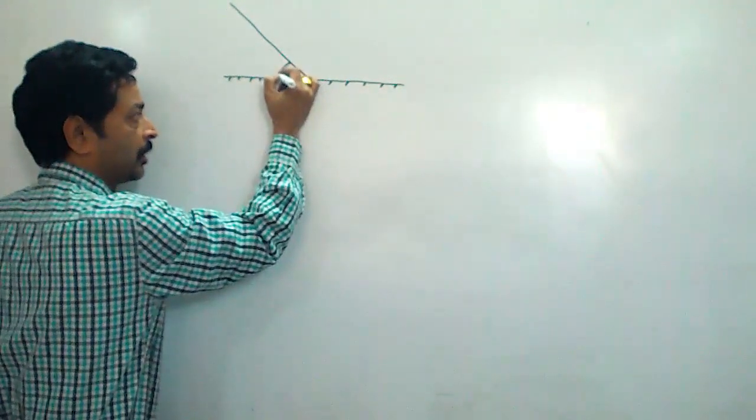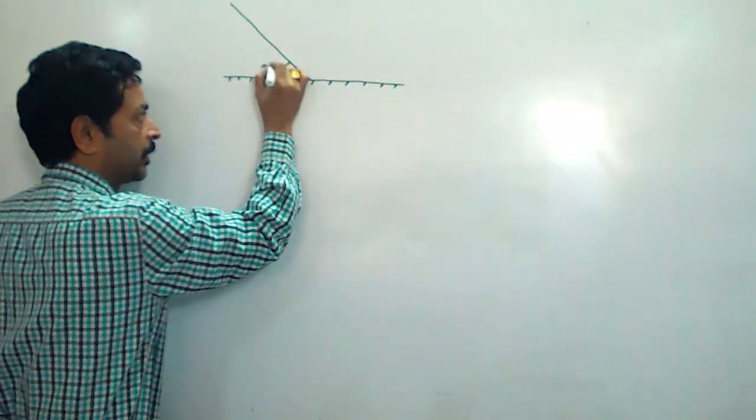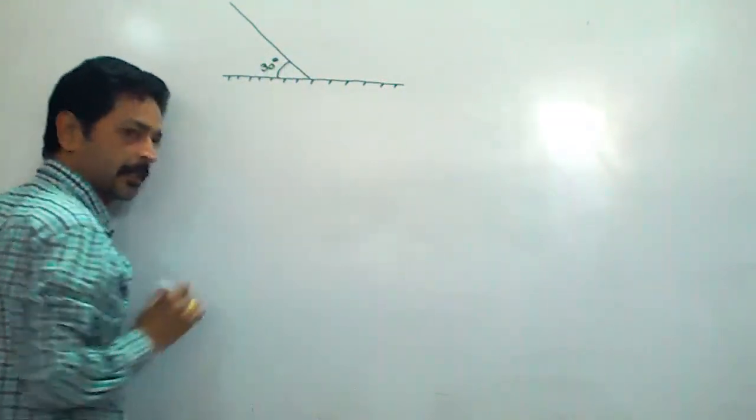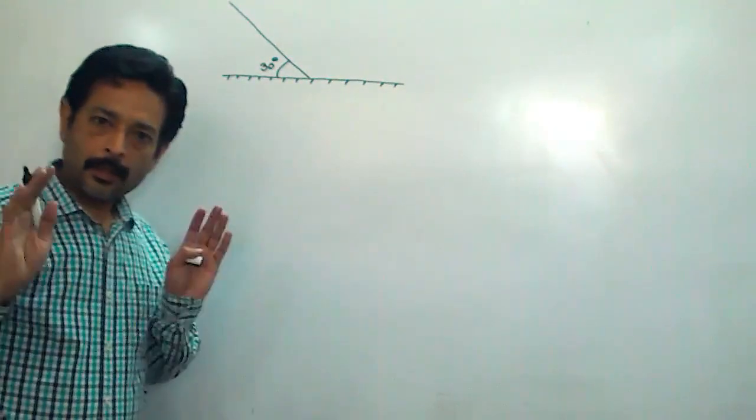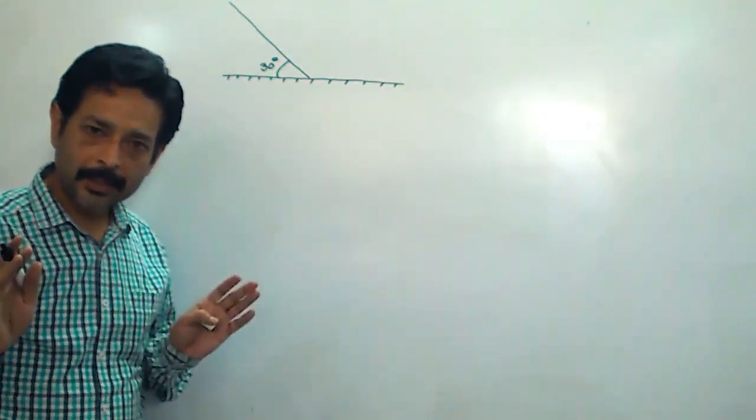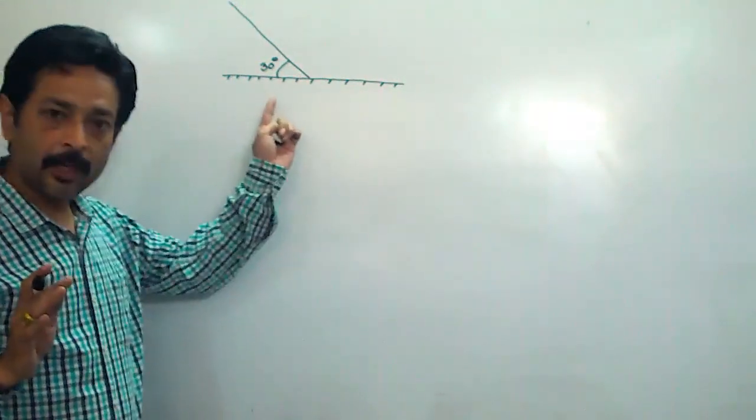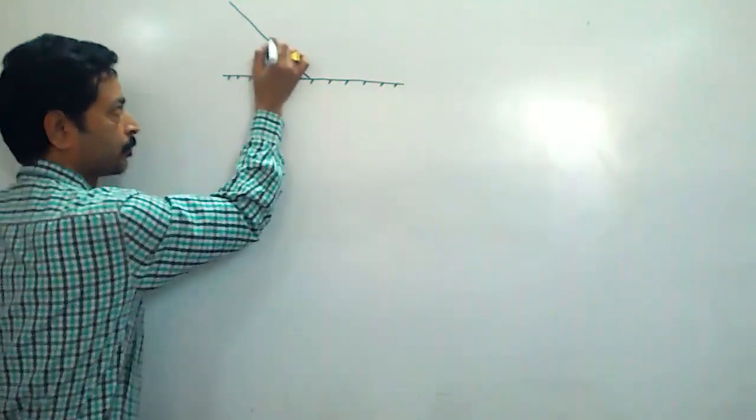So this angle is 30 degree. An incident ray falls on the mirror at an angle of 30 degree.